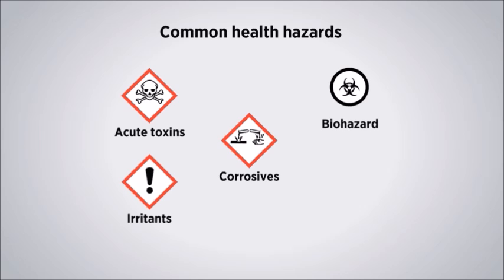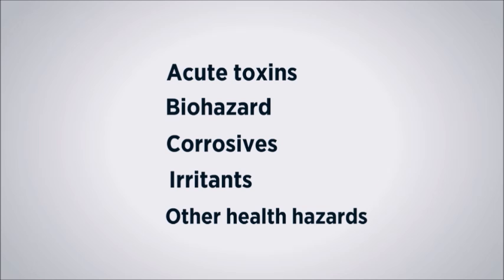Irritants, which can affect your skin, eyes, lungs, or organs even if not corrosive or acutely toxic. Other health hazards, like those that cause genetic mutations, are carcinogenic, cause reproductive problems, or affect other bodily organs following single or repeated exposure. An easy way to remember health hazards is ABCIO.